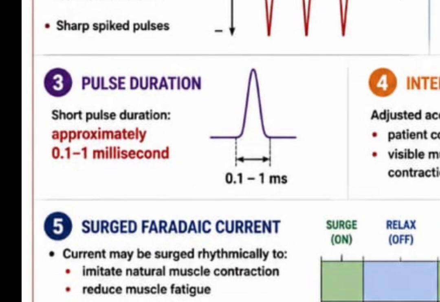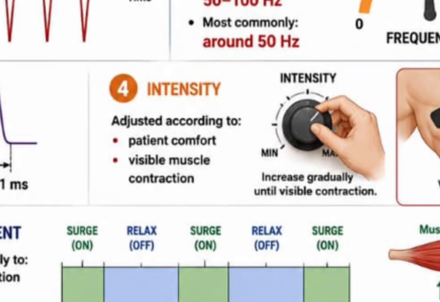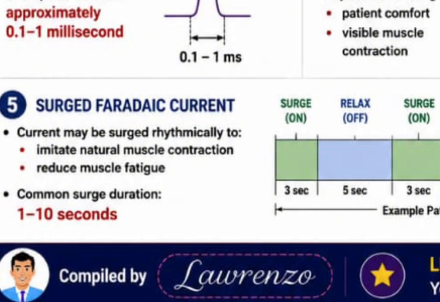Pulse duration is very small, 0.1 to 1 milliseconds. Intensity should be set to the patient's comfort until you see a visible contraction. And when surging, you surge between 1 to 10 seconds, because you want to produce a natural muscle contraction and reduce muscle fatigue.